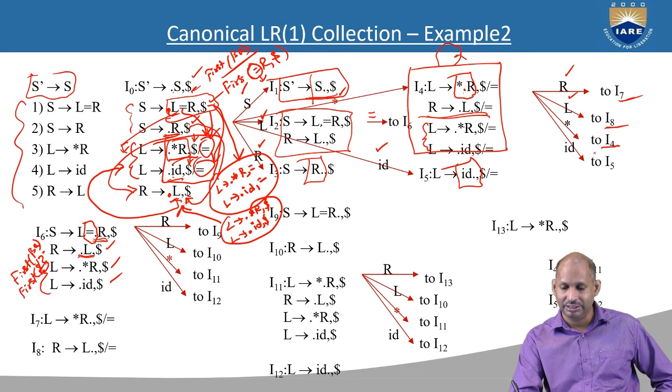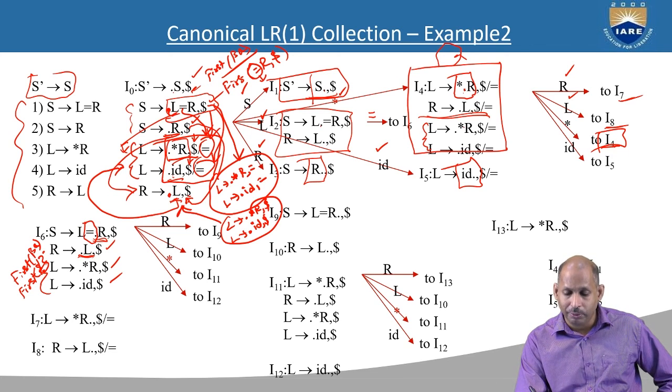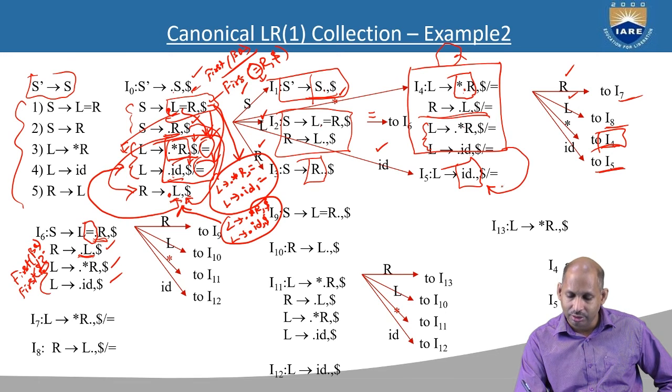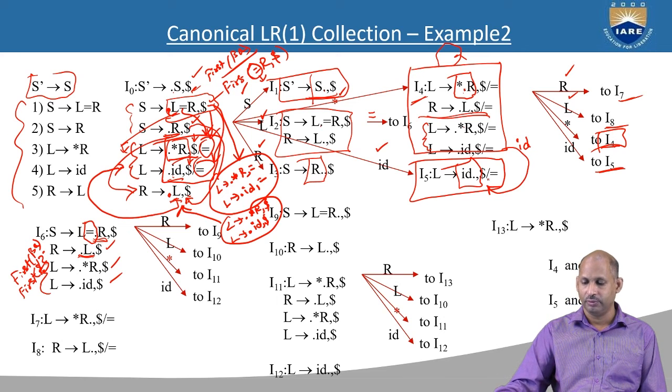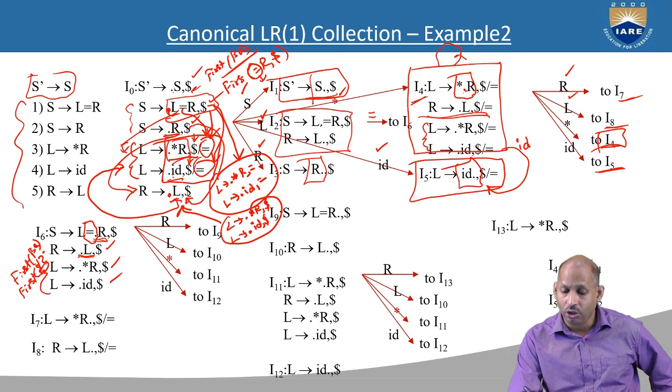Then dot followed by ID goes to I5. So this I4 on ID will go to I5, right?